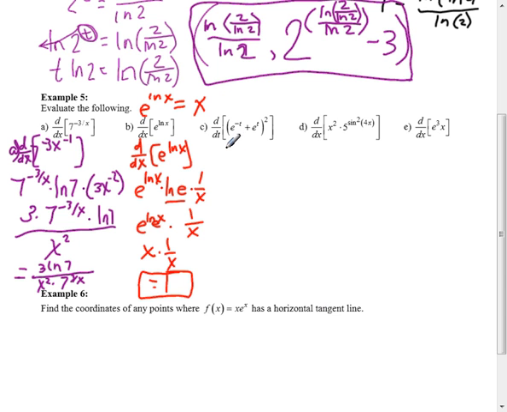Alright, so we have chain rule here, 2 times that inside part to the first power times the derivative of the inside part, which would be e to the negative t times the ln of e, which is just 1, times negative 1, alright, or plus e to the t times ln of e times 1.